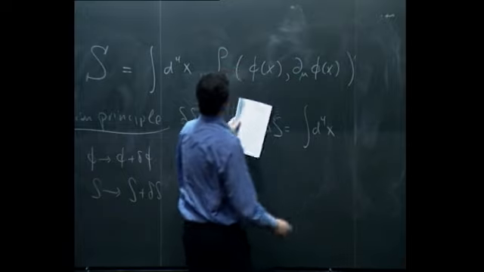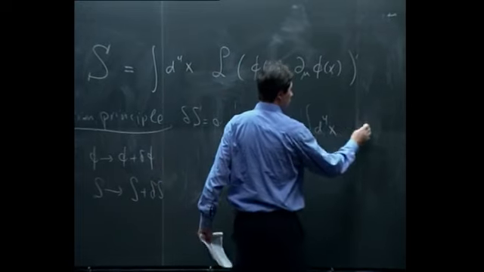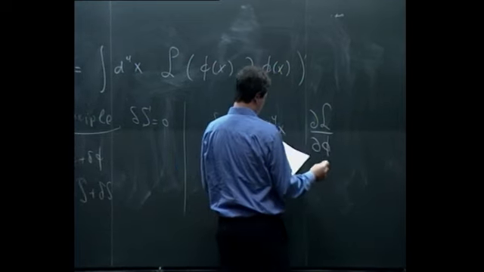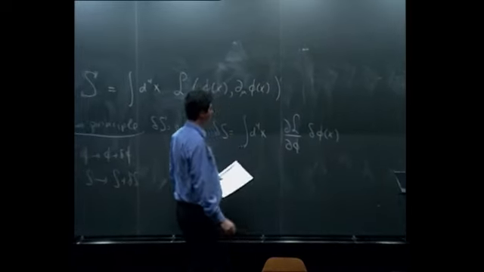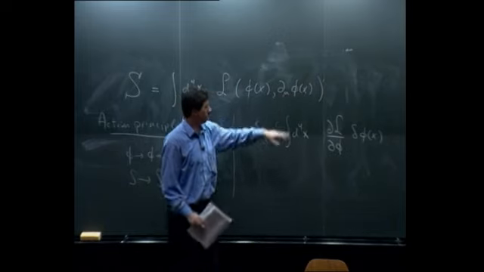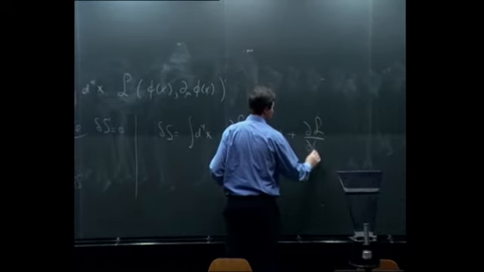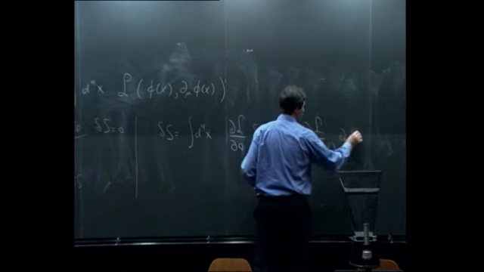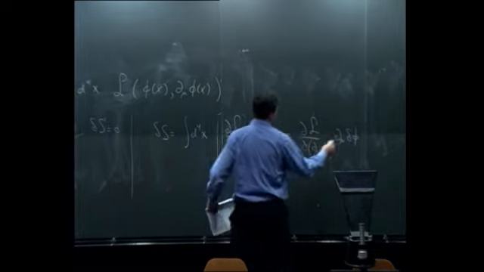Using just the chain rule, I vary phi and I get the derivative of the Lagrangian with respect to phi times the variation of phi of x. I can also vary the derivative of phi, so I also get a contribution which is the derivative of the Lagrangian with respect to partial mu phi times the derivative of the variation of phi. And this is all inside the integral.